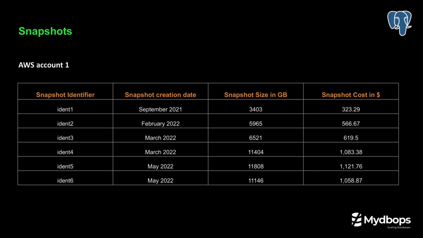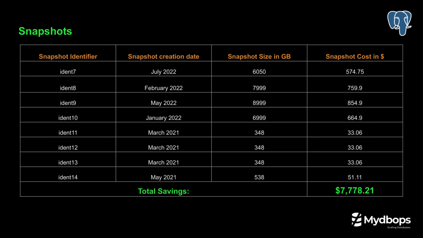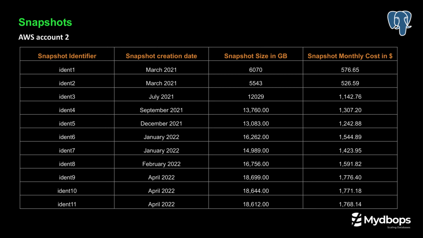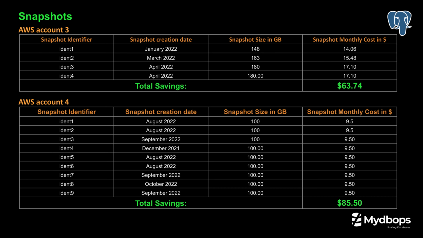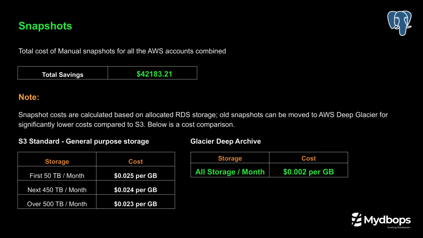The same was reviewed for all the four accounts, and we can see we actually had a lot of older snapshots here. So the projected saving when dropping these snapshots came to be around $42,000.